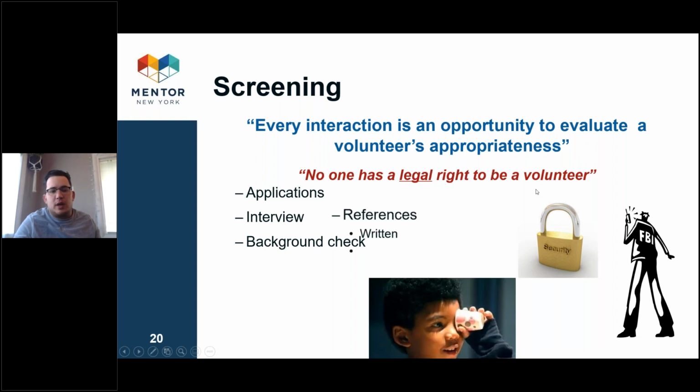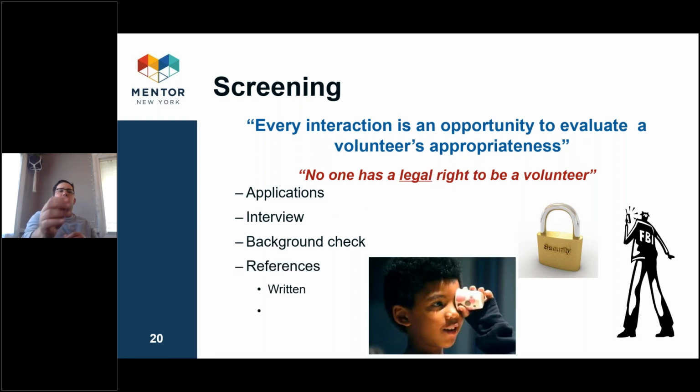And I'll say one of the reasons why we really encourage the FBI national fingerprint-based check is that one of the things we know most about people who are really on the lookout to harm young people is that they'll move state to state pretty frequently.